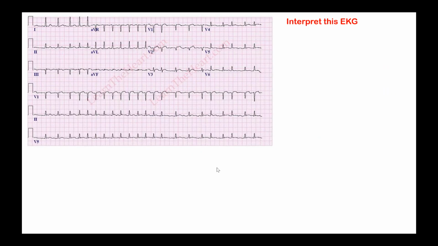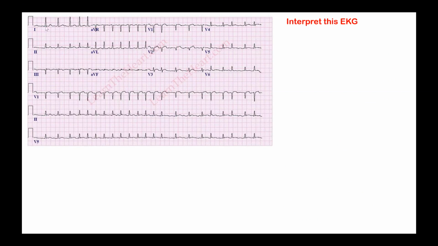Interpret this ECG. S1Q3T3. The rate. Always go in a methodical way: is there a proper P wave?